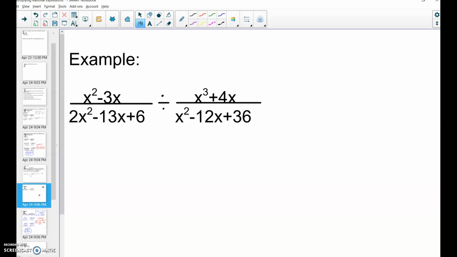So here we are dividing. Okay, first thing we're going to do is we're going to change this dividing into a multiplication type problem. So my very first fraction stays the same.